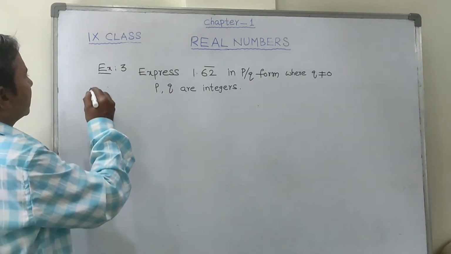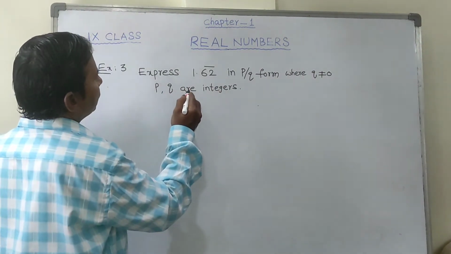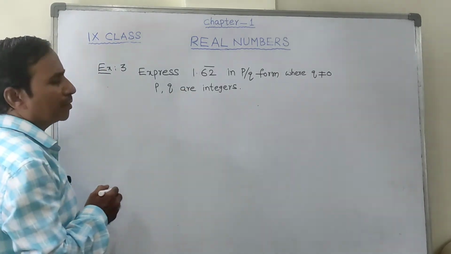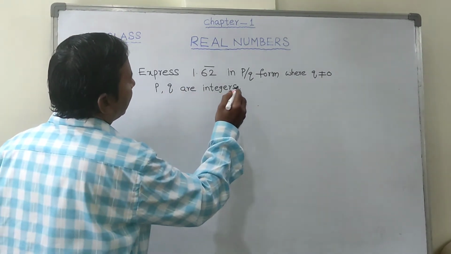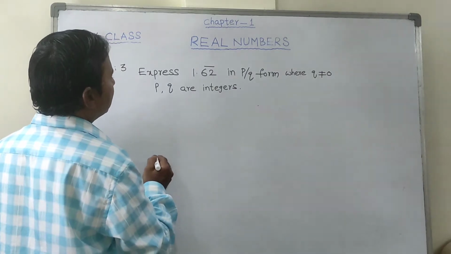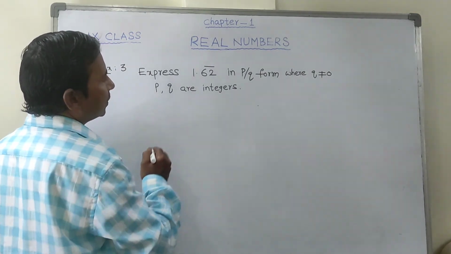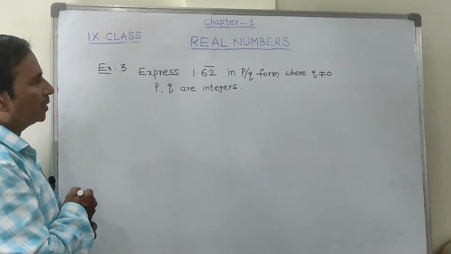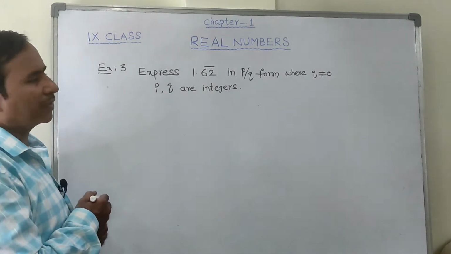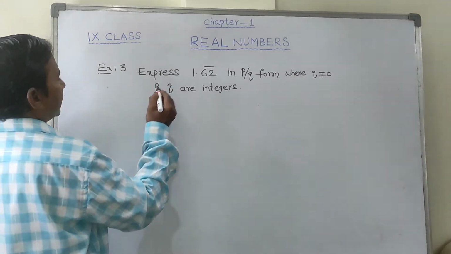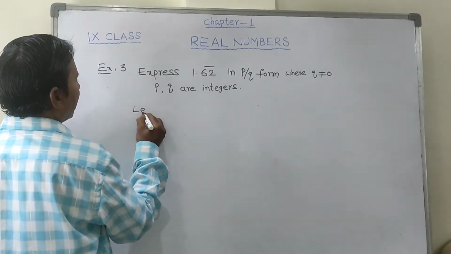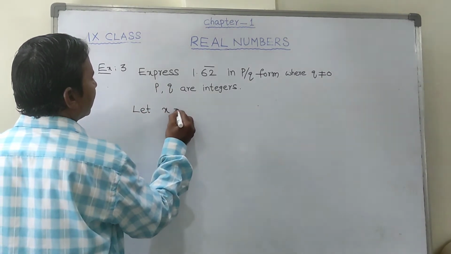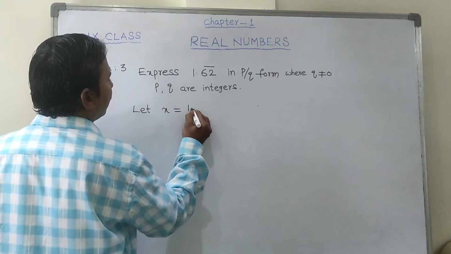Now let us consider example 3. Express 1.62 with a bar sign over 62 in P by Q form, where Q is not equal to 0 and P, Q are both integers. This type of problem you have already learned in the previous classes. So how to do? First we have to consider, let x equal to 1 point.